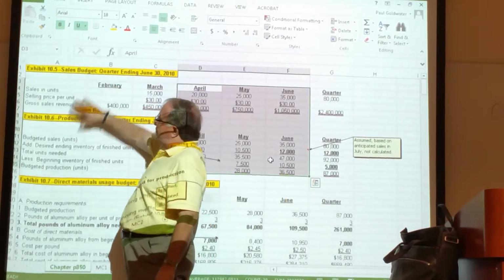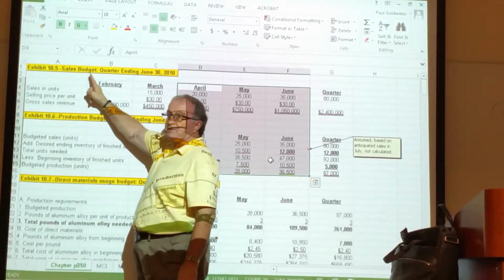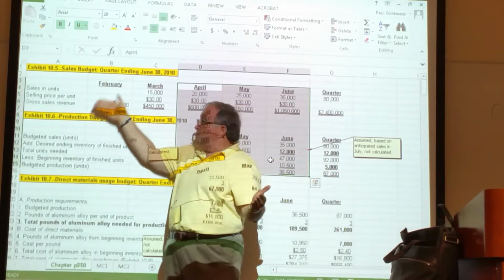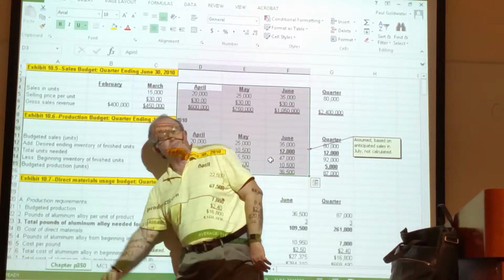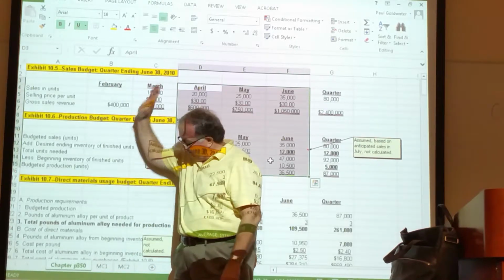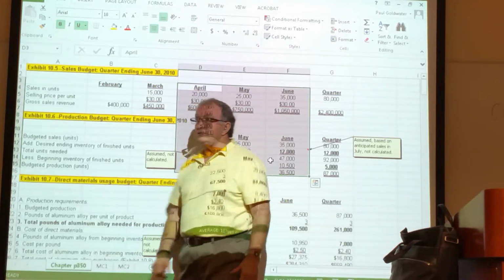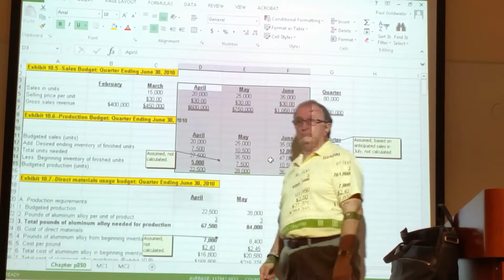Each one of these yellow sections is an exhibit in the chapter. So if we turn to the chapter, we see all of these exhibits, and it goes down to 350 lines. So there's about 300 lines here. Okay, so it's quite a few lines, and we're taking up the entire screen.